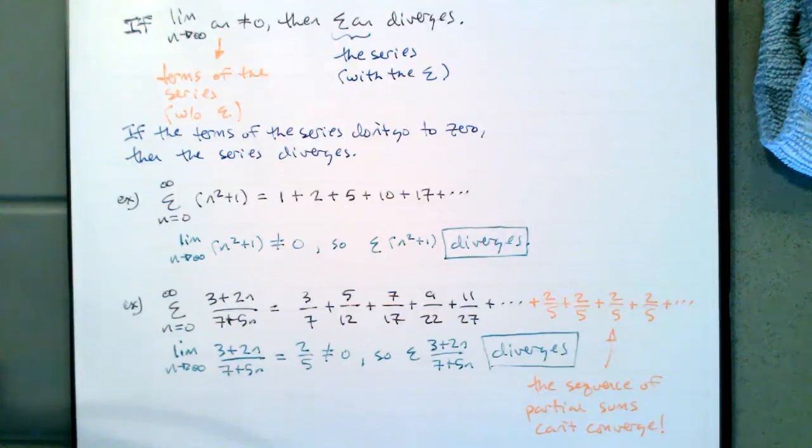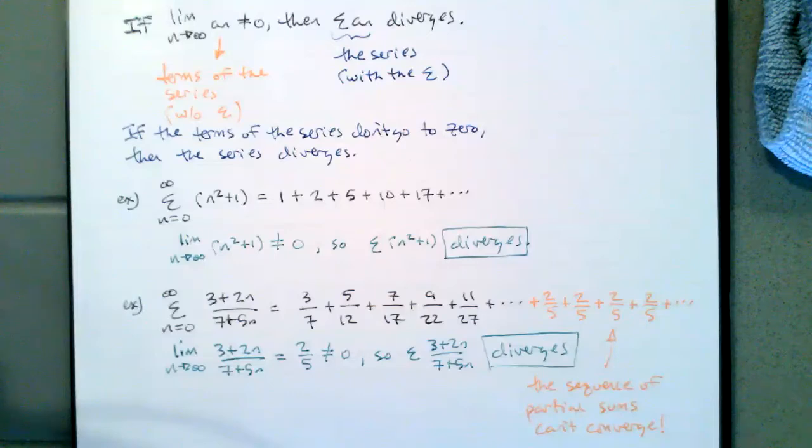A very important distinction we need to make. If all we had to have is that the limit of the terms is 0, so the series converges, then this whole section would be a lot shorter. Unfortunately, logically, the only conclusion we could make from the original statement is that if the series converges, then the limit of the terms is 0, but we don't get the converse or the inverse. I can't remember.